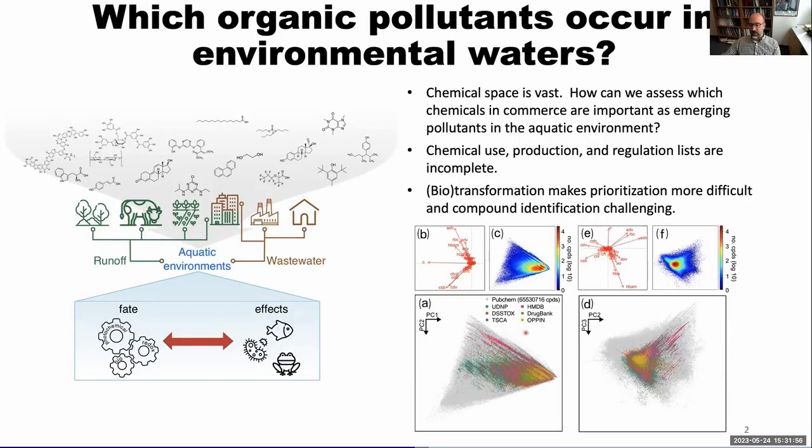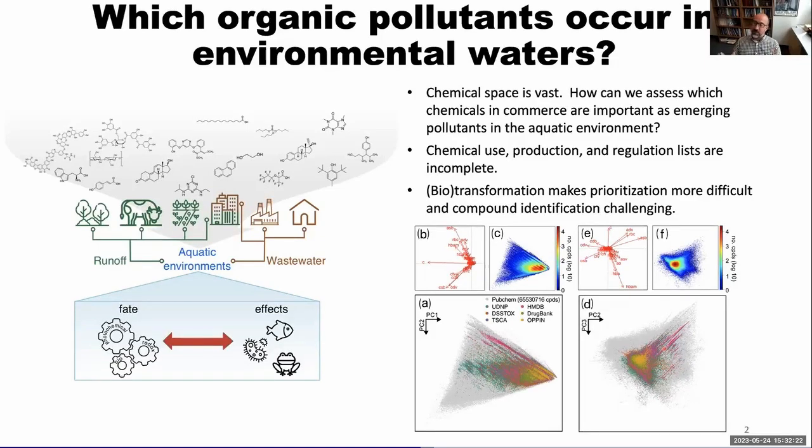If we overlay that with a number of different databases like the EPA's DSSTox, their chemistry dashboard, the Office of Pesticide Programs, and the TSCA database, you can see that all of these different collections of molecules that we might think of as environmental contaminants occupy different areas in the chemical space projection, depending on how we visualize this according to molecular descriptor.